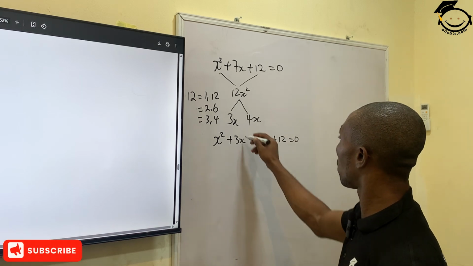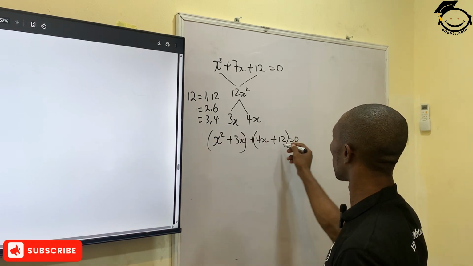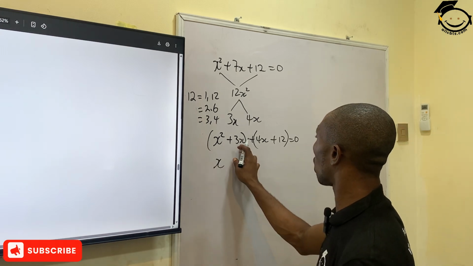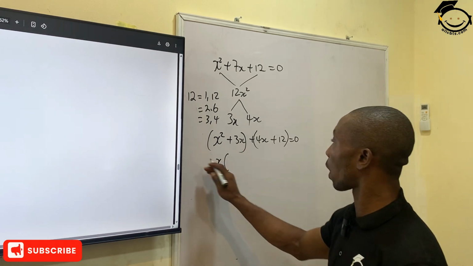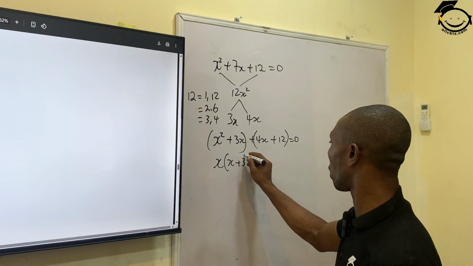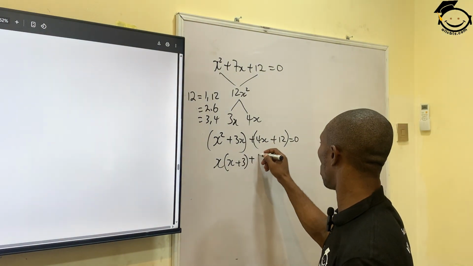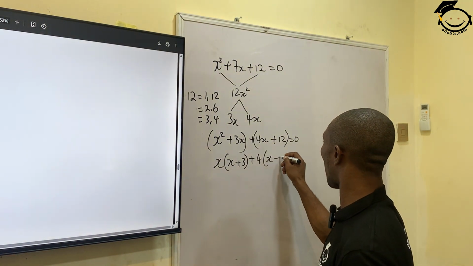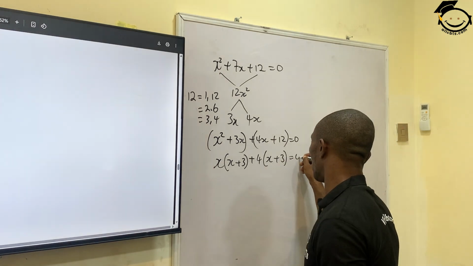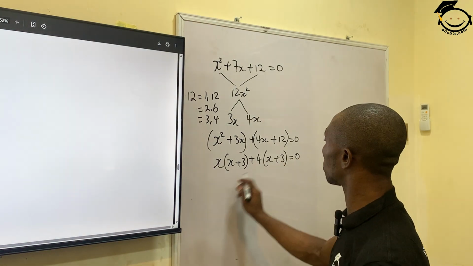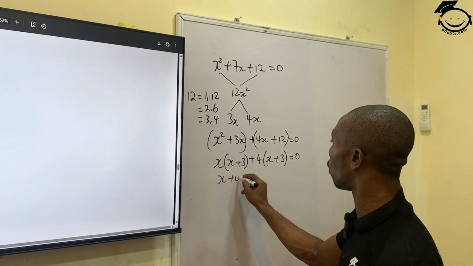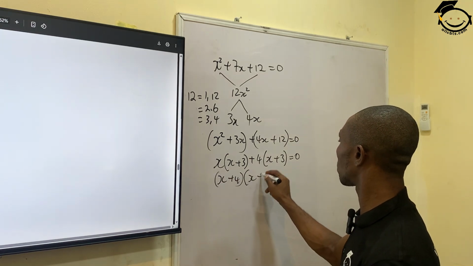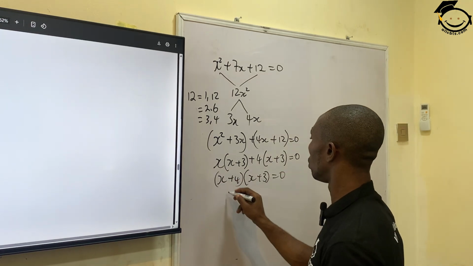Now grouping these two together, we have x, which is common. Bringing it out, we have x plus 3. And we have 4, which is common. We have x plus 3 equal to 0. So since these two terms are common, this becomes x plus 4, x plus 3 equal to 0.